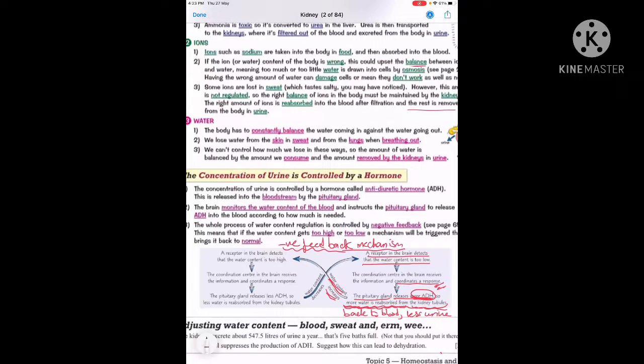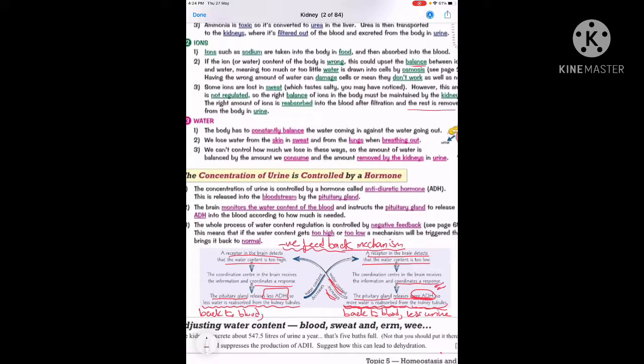So now you have a lot of water inside your body. Who will detect that? The brain will detect that you have a lot of water inside the body, and then the brain will coordinate a response by sending information to the pituitary gland to release less ADH. Less ADH means water will be less reabsorbed from the kidney tubule back to the blood.